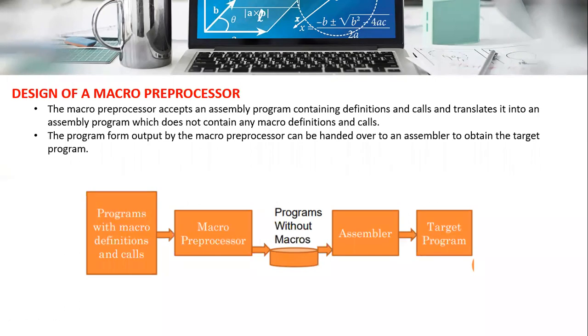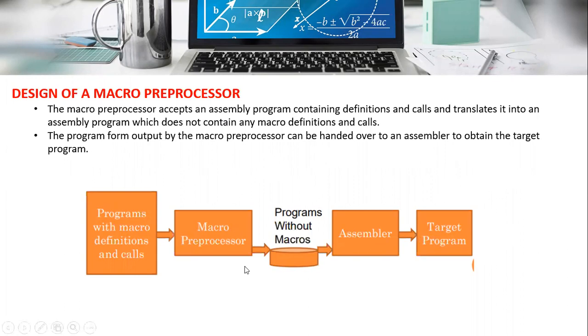That is, the complete assembly program will be given as output after the preprocessing of the macro program. The program output by the macro preprocessor can be handed over to an assembler to obtain the target code. How the target code will be evaluated is the task of the assembler, but before the assembler we consider the macro preprocessor.